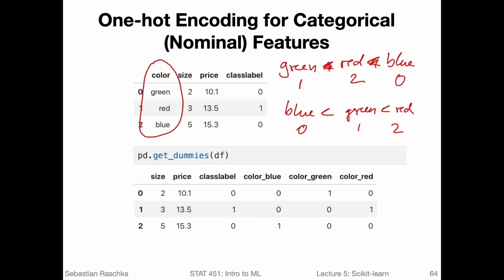So if we would have a feature that is 0 and a feature that is 2, this distance would be bigger than this distance. But why would the distance between blue and green be smaller than blue and red, for example, if there's no order in the colors? So that would be a problem. It would be kind of misleading to the machine learning classifier if we would imply an order even though there is none.